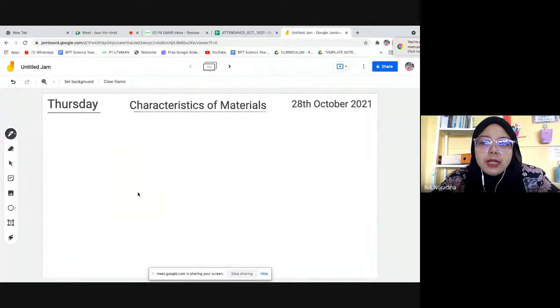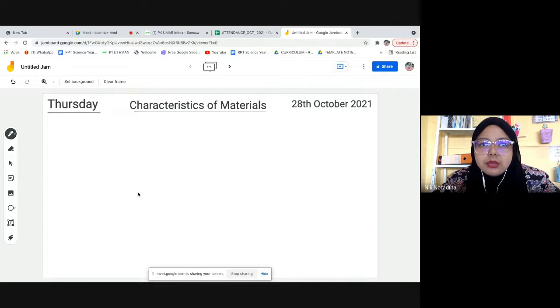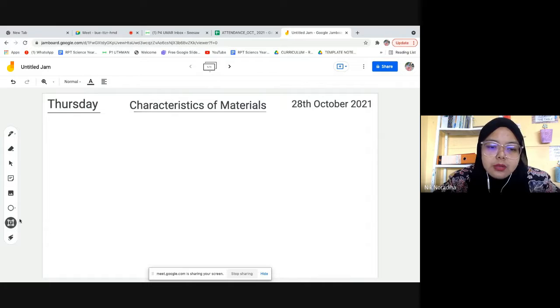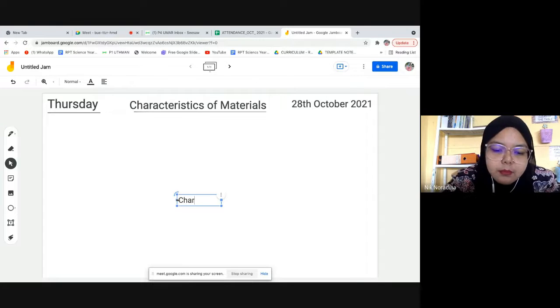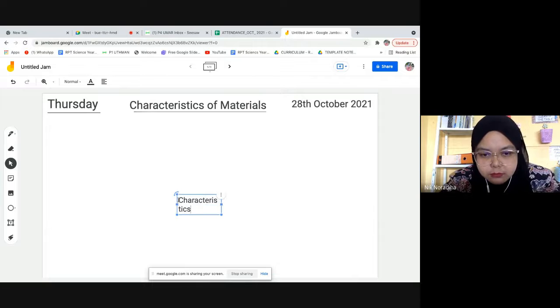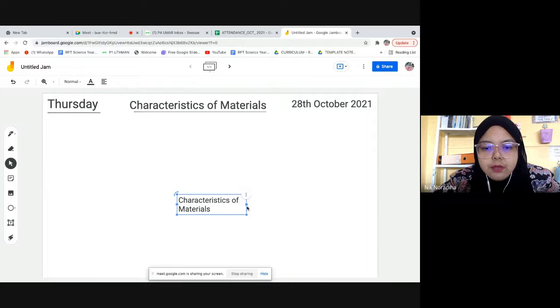Okay, so the mind map is very simple. Basically, teacher just wants you to write, okay? Here we write characteristic, okay? So we're going to do it in the form of a mind map. You can do however you want.